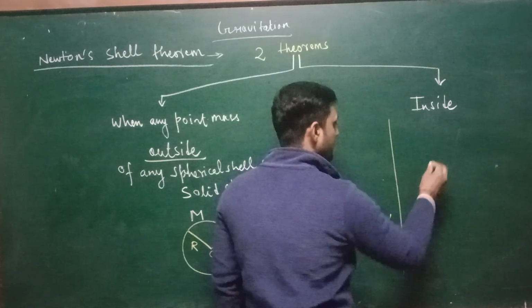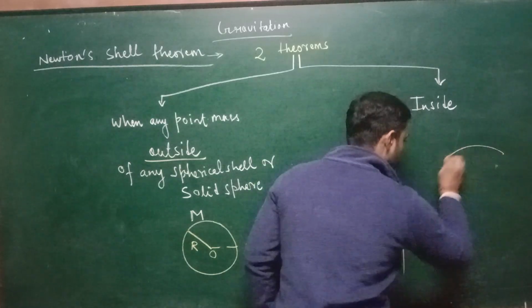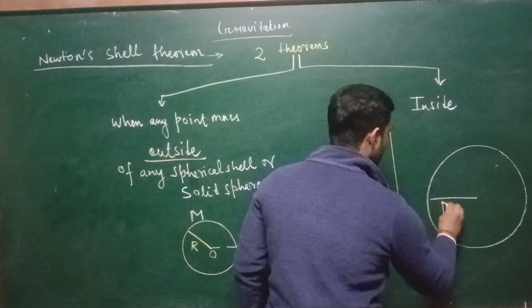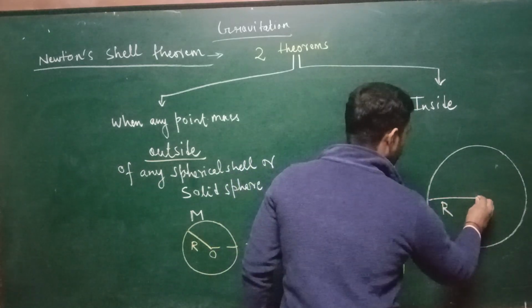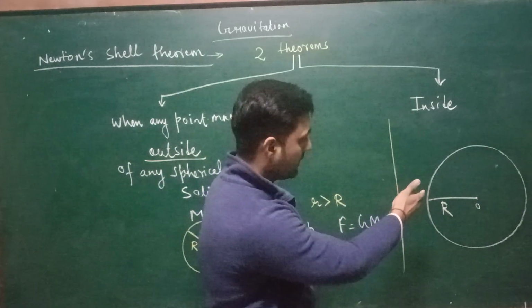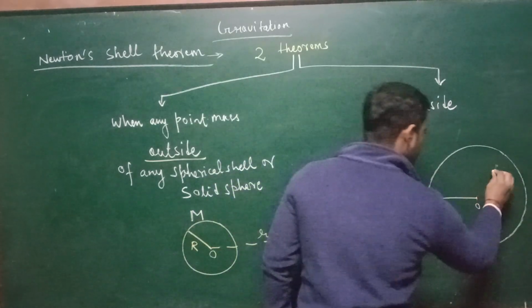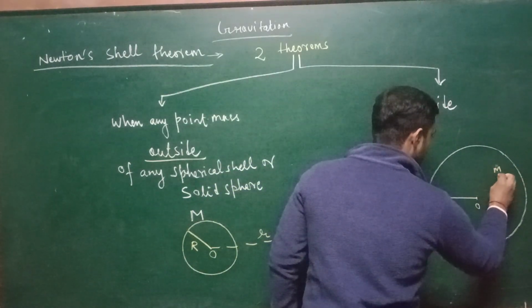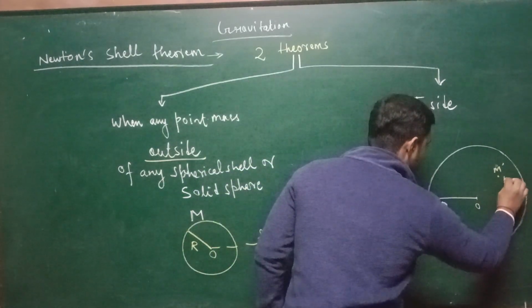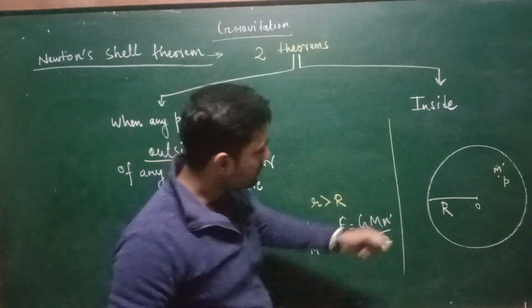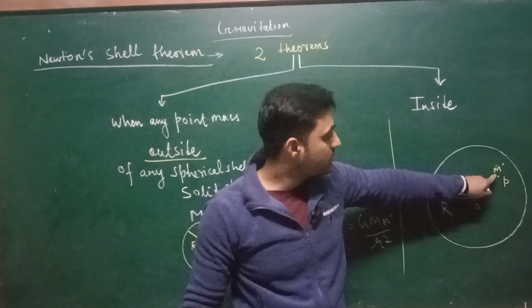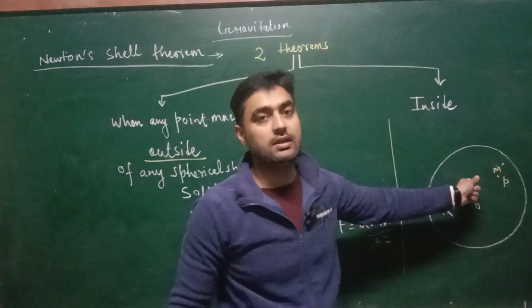Let's say there is a really big sphere of radius capital R and center O, and inside this spherical shell there is another point mass whose mass is m dash, and its name is, let's say, P. So the question is, what will be the gravitational force experienced by this point mass m dash, which is inside the spherical shell?